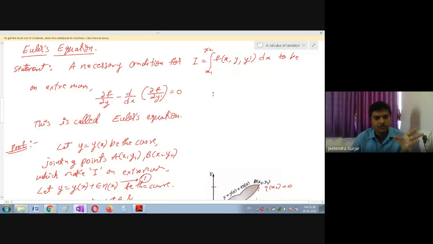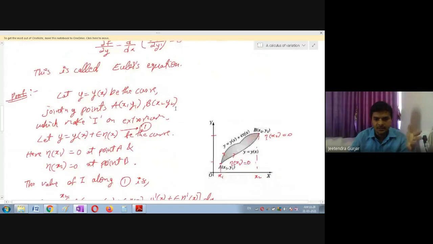So these functions may be any curve which will be equal to 0, right? Or it may be any circle, right? All the functions under the curve we are going to take equal to 0. That is what Euler says. And here how many values are there, the function will be for x, y and y dash. So please remember these three.